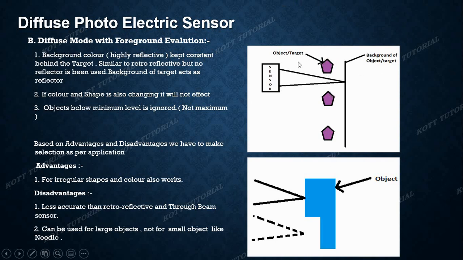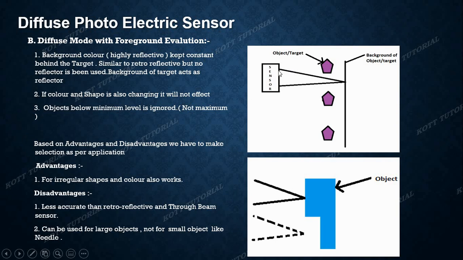When we are using the foreground and background terms, foreground is the product, background is the background of the product. Foreground suppression means it is independent of the product. It detects the light reflected from the background of the product.